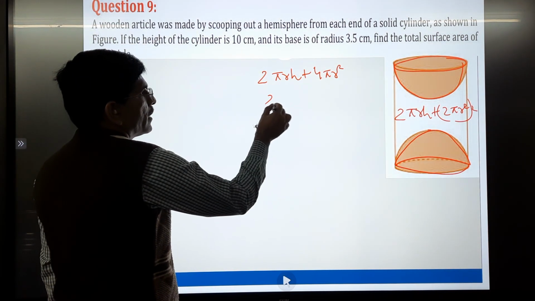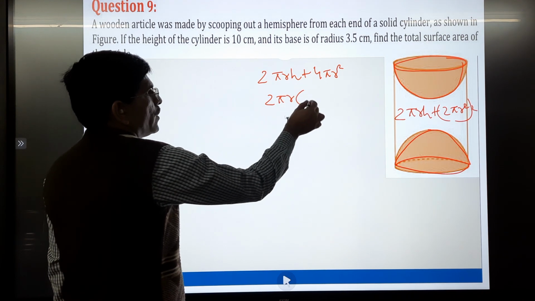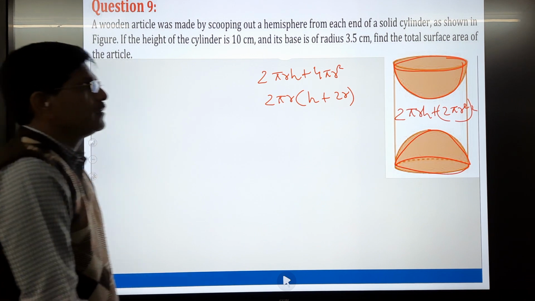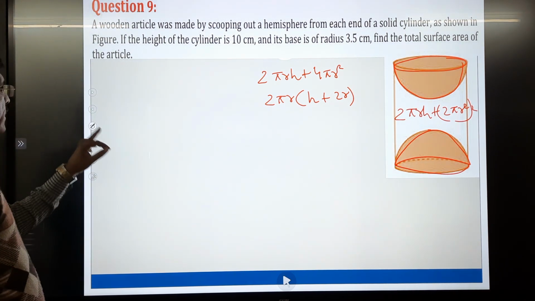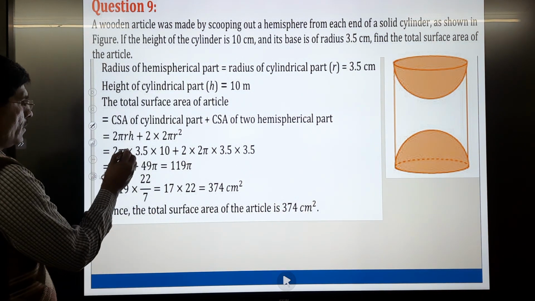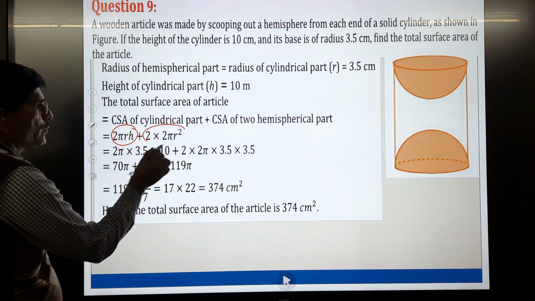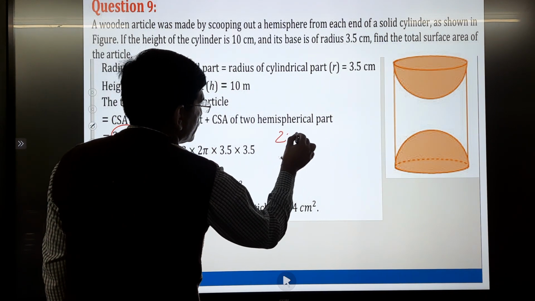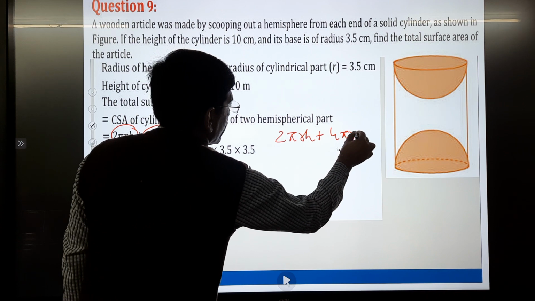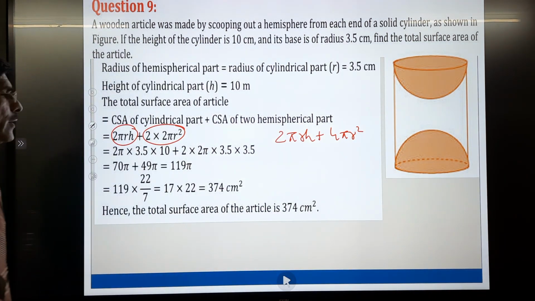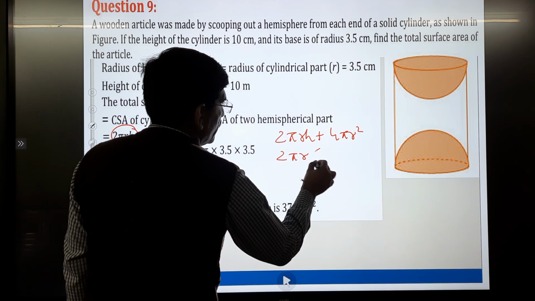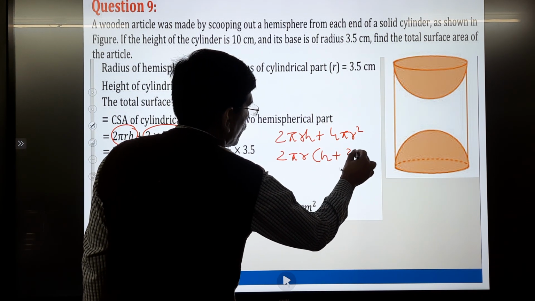Now if we make 2 pi R common, we have to write H plus 2R. Let me see how we have to do this. So 2 pi RH plus 4 pi R square. So we make 2 pi R common in bracket H plus 2R.